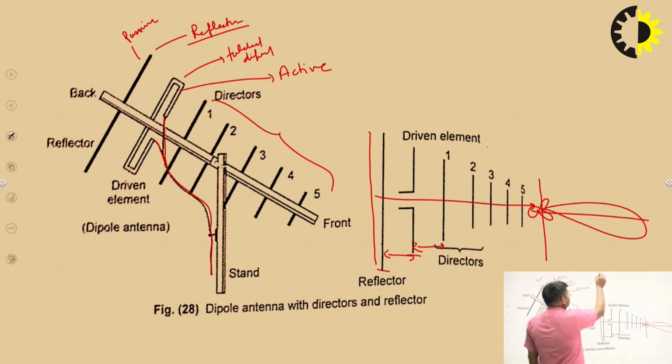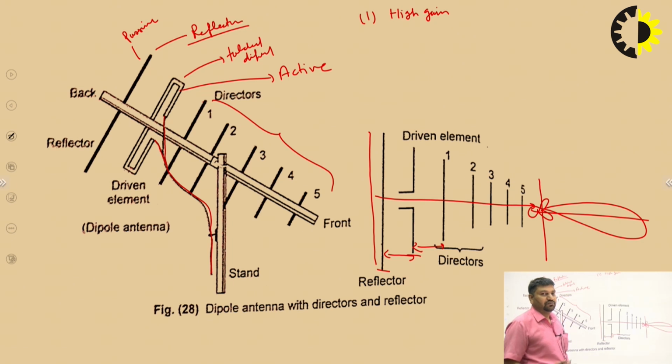The first property of this antenna is high gain. This type of antenna provides a high gain of 10 dBi to 20 dBi. dBi means the gain with respect to the isotropic antenna.